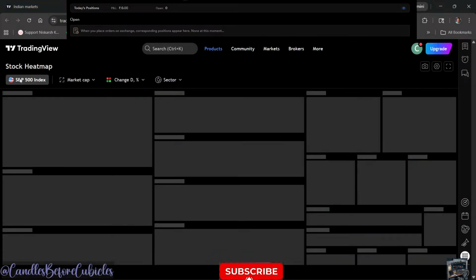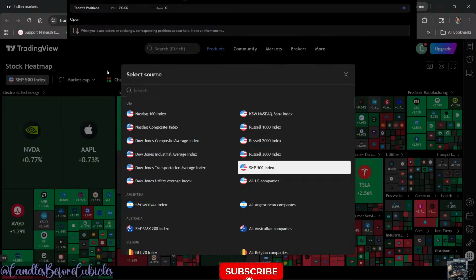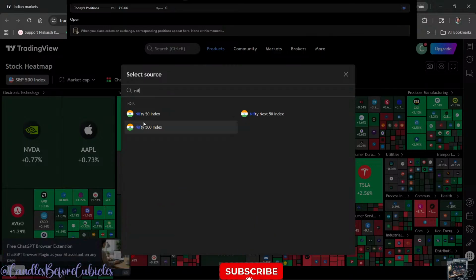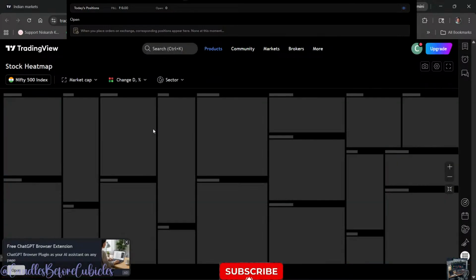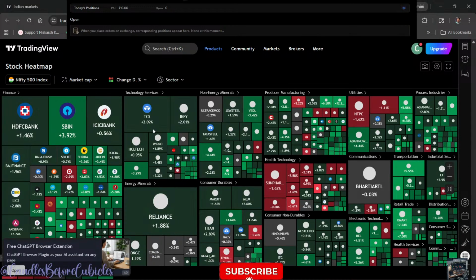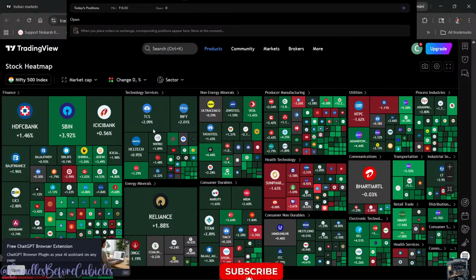Okay, let's set up the heat map as well. So this is the heat map. Right now, it does not really represent anything. So I'm just gonna streamroll over the fact that it is very green right now.